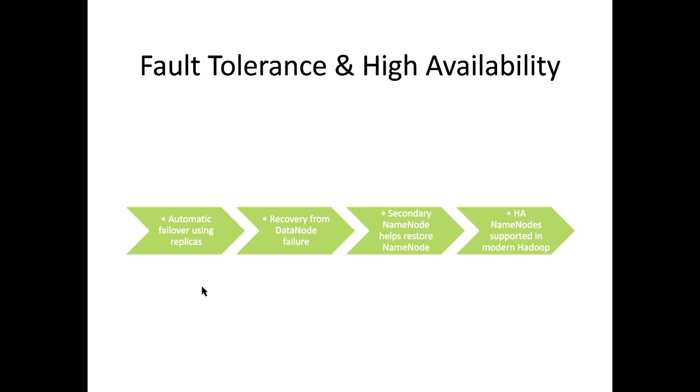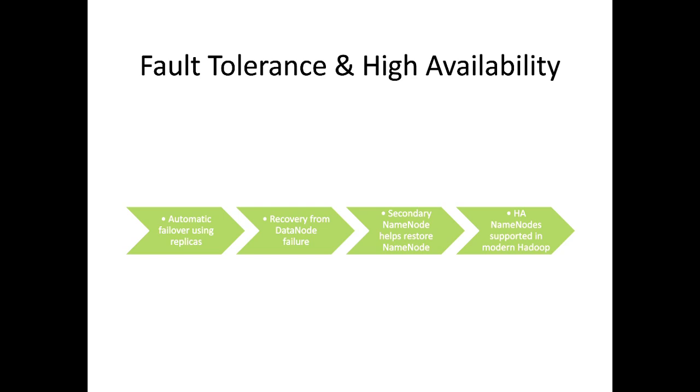The next important topic as part of HDFS is fault tolerance and high availability. One of the biggest strengths of HDFS is fault tolerance. If a data node goes down, HDFS can read from a replica stored on another node.